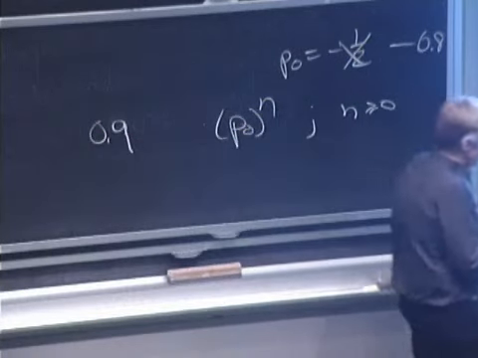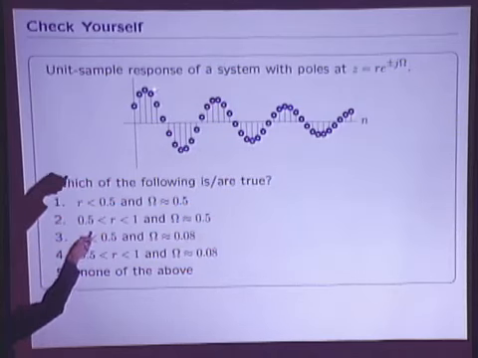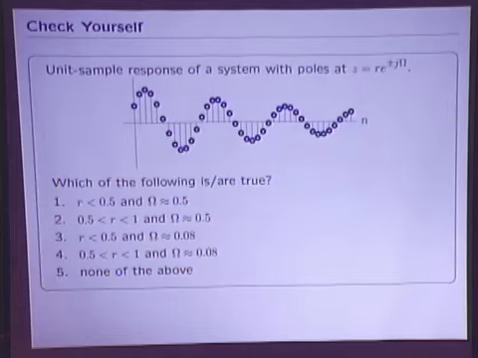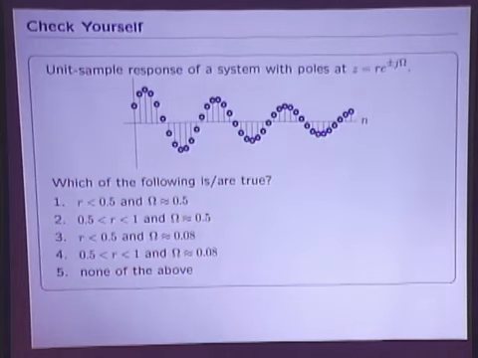So if it were 0.9, how's it go up? So it's going around in that circle, right? So as it's spinning around in the circle, it's going up and down. As it's spinning around the circle, the r is also spiraling in. So the r to the n, right? If we think about pole to the n, the key is always pole to the n.